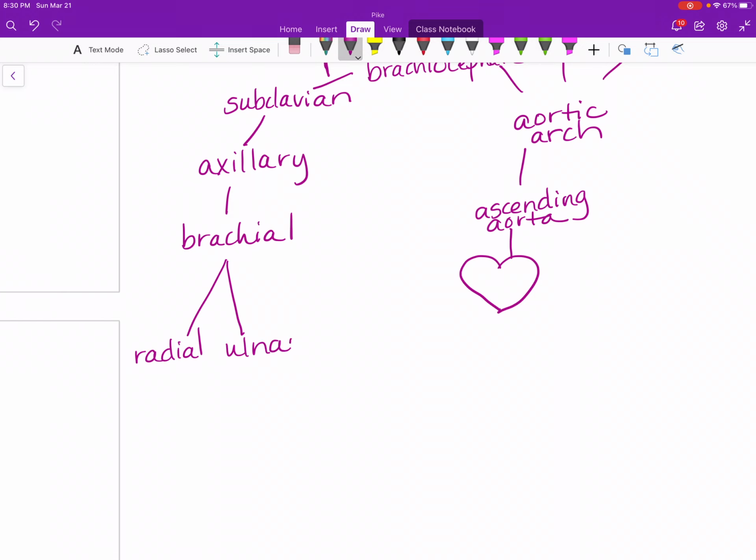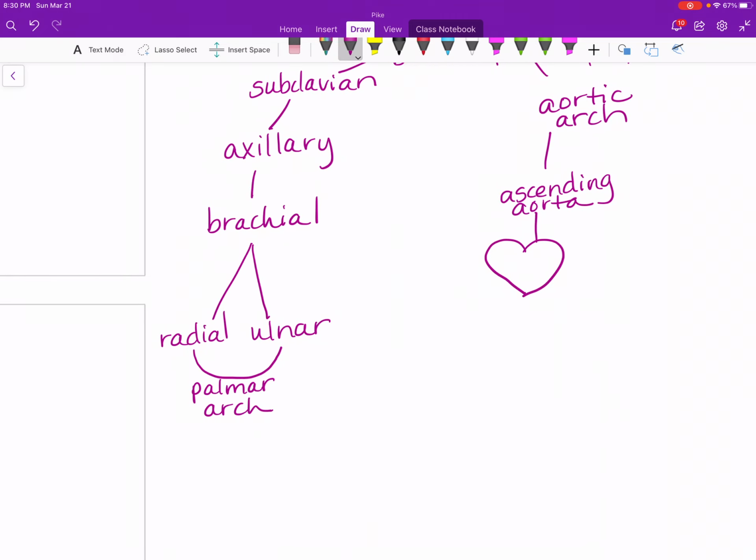And the ulnar artery. And then those two combine together in the palmar arch. And there's actually a deep and a superficial palmar arch. I just kind of put them together.